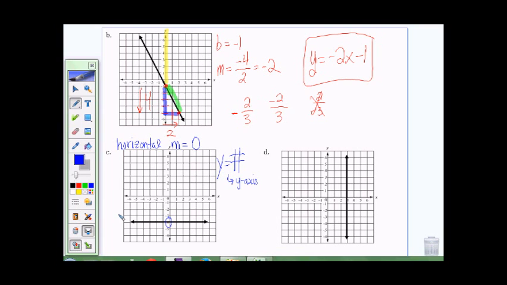So the equation for this line is y equals -4. So if you have a horizontal line, you don't have to do any calculating, you don't have to do any counting. You say, oh, that's flat. Where's it hitting the y-axis? -4. My equation is y equals -4. I'm done. And that's because the m is 0, and 0 times x is 0, and so it just goes away. So all you're left with is the y-intercept.